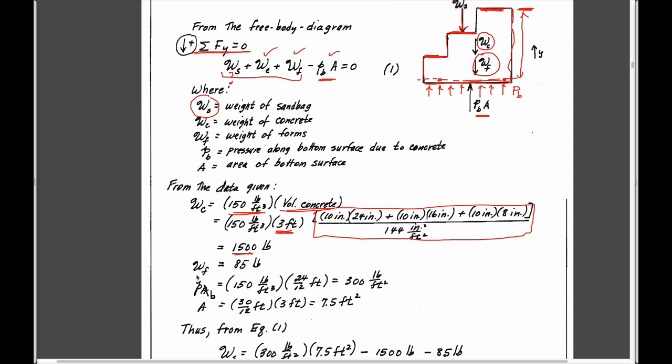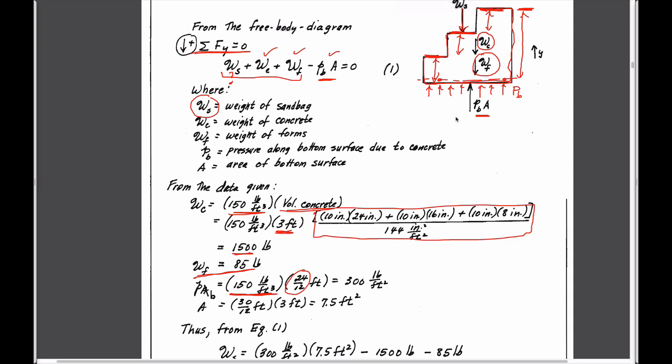The weight of the form, we've already been told, is 85 pounds, so we have that. And the pressure of this component here is going to be equal to the unit weight of the concrete multiplied by the height of the step, which is, what is it? Is it 3 8-inch risers? I think each of these are 8 inches. So the total height of those is going to be 24 inches. 24 inches over 12 is 2 feet.